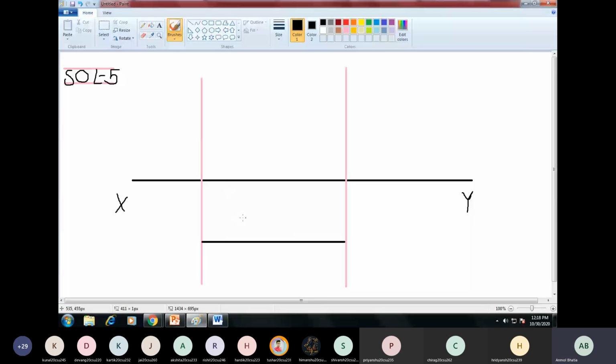So here we'll write 60 and we'll make the dimension line. Okay. So this is the dimension line. I'll discuss how to make the dimension line later.